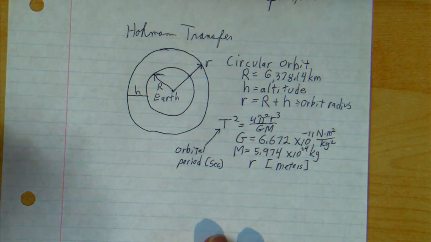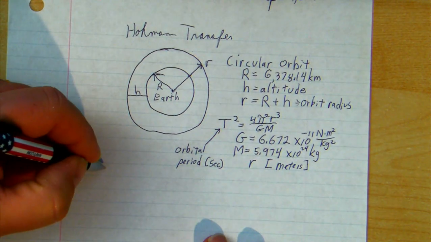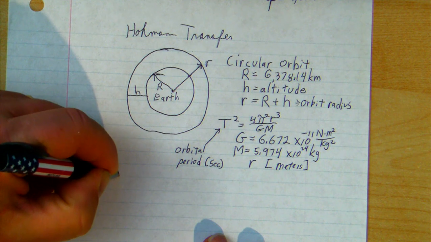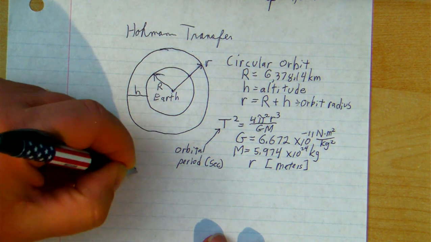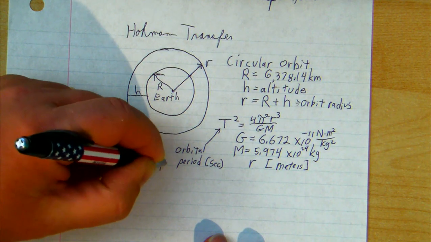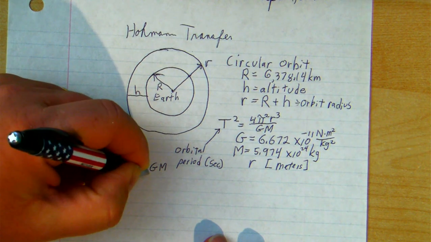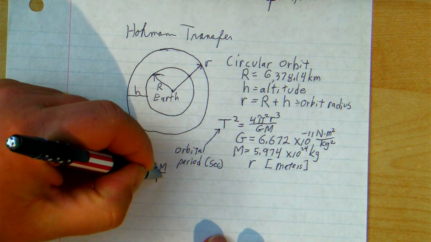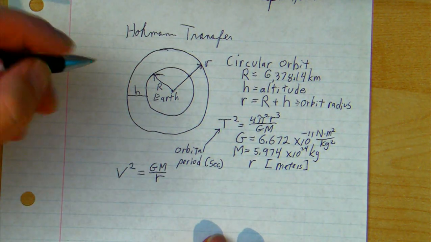The other equation that we use for a circular orbit is that the orbital speed squared is the product of the universal gravitational constant G times the mass of the central body divided by the orbit radius r.